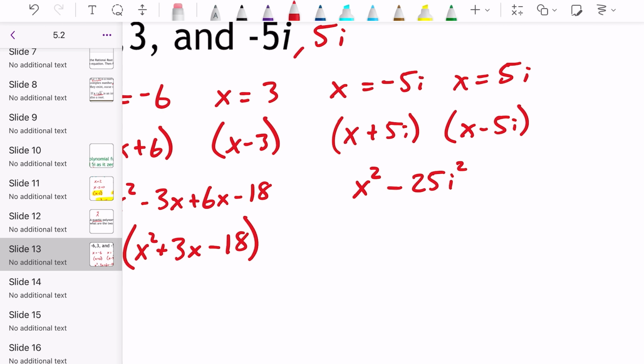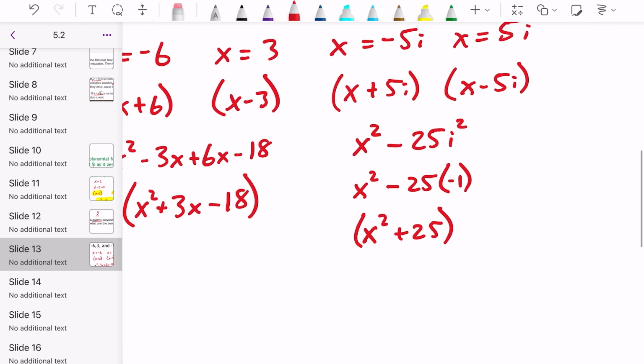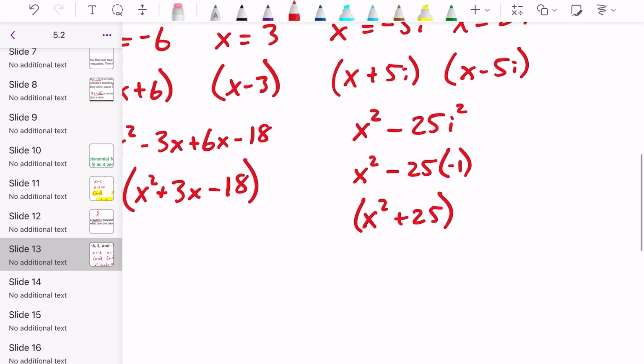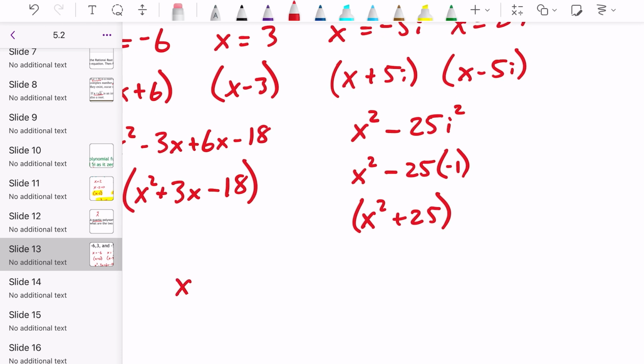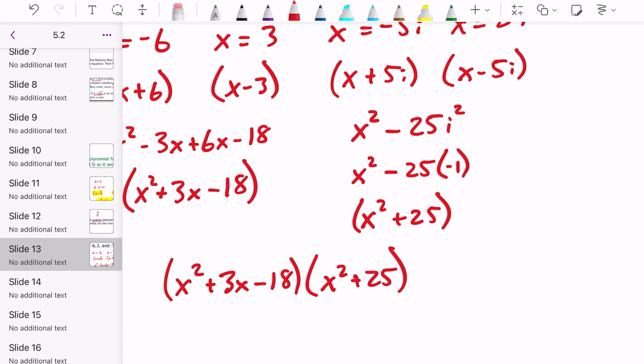Keep in mind, i squared would be the same as a negative 1, which means x squared plus 25 would be our right side answer. The final answer here would be x squared plus 3x minus 18 times x squared plus 25 as a final answer.